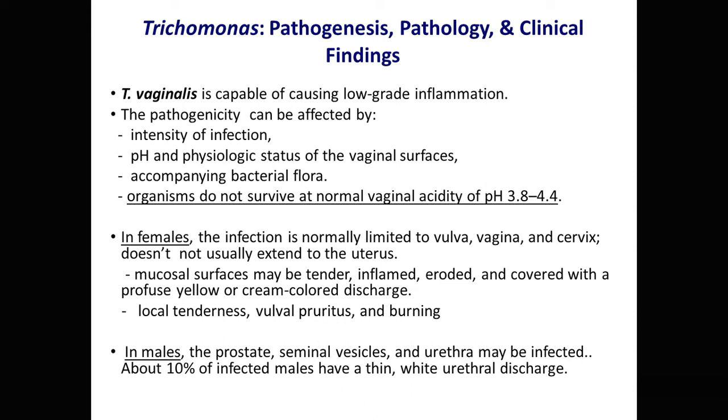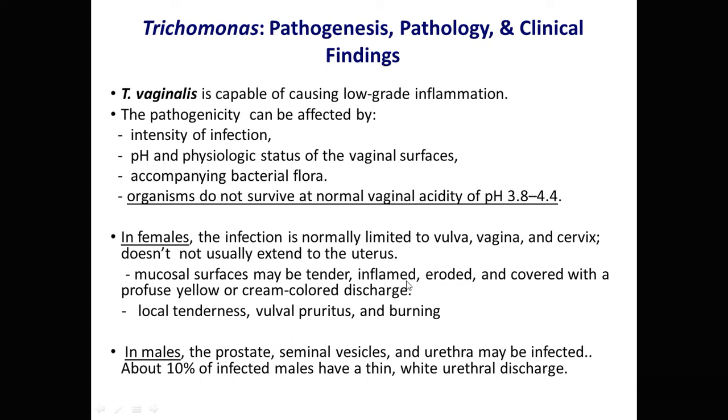Trichomonas vaginalis causes inflammation, and there are many asymptomatic infections, and the disease develops when the pH level of the vagina goes up, when there's a disbalance in the bacterial flora, and usually organisms don't survive under normal vaginal acidity.